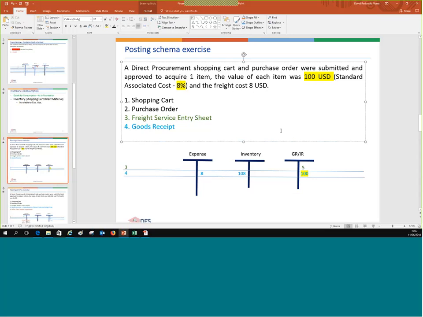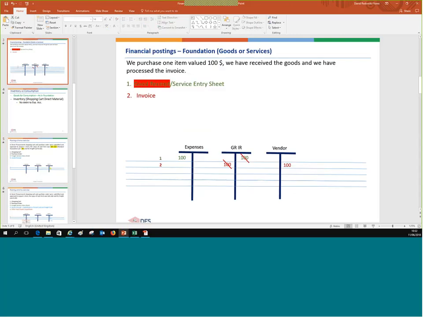So now some of you should be confused because if you remember, we used to say that the determination of the GL in this scenario was based on product and product category. So if you remember from foundation, we used to say, how does the system know what GL needs to post?